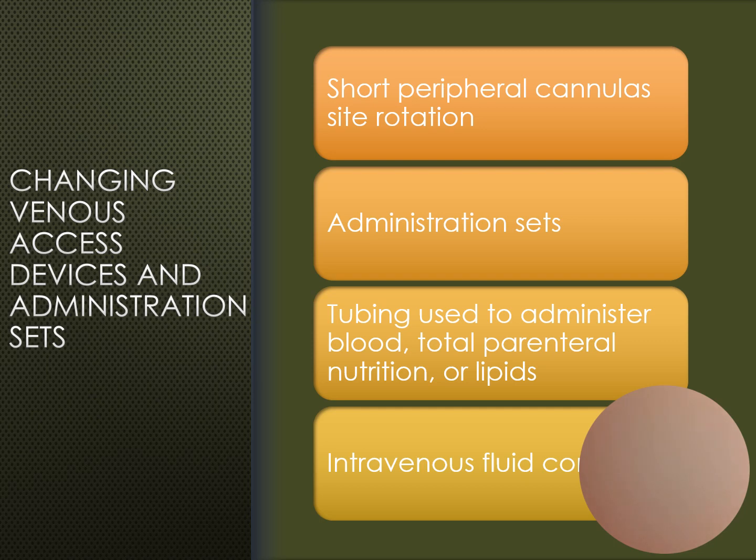But packed red blood cells are usually going to be administered over 4 hours, and it has to be changed every 4 hours. For total parenteral nutrition, or TPN, or lipids, we have to change tubing every 24 hours.